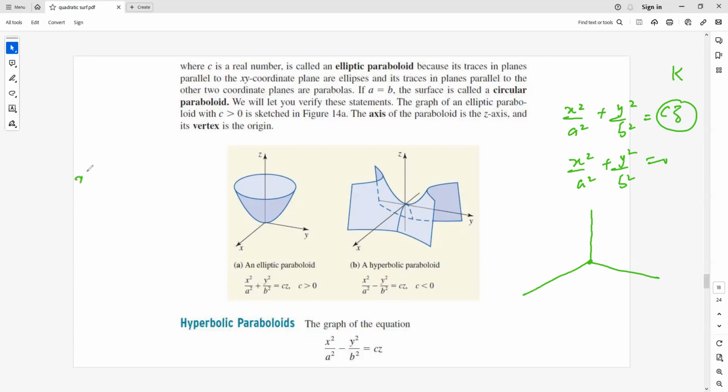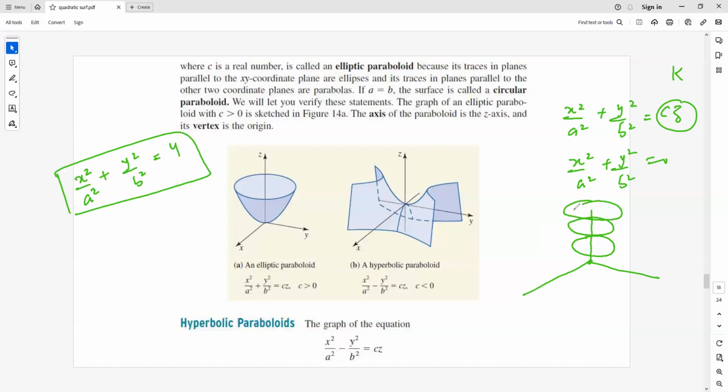So if this is x squared over a squared plus y squared over b squared equals 4, let's say, now we will get an ellipse centered on the z-axis. So we will get ellipses like this. So we will get a family of ellipses, right?